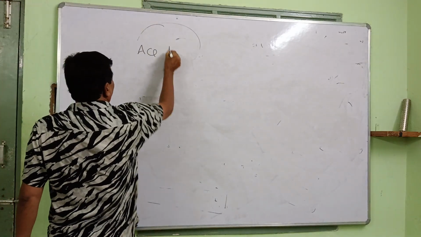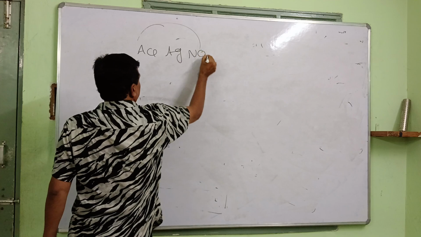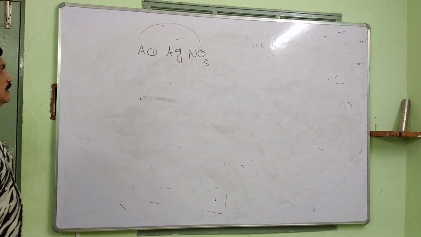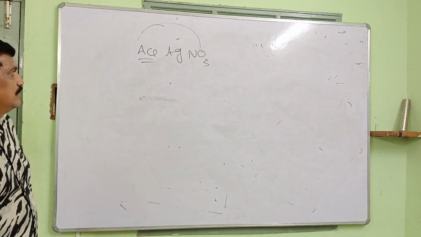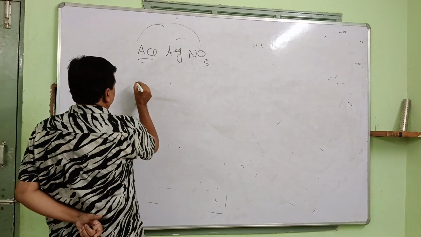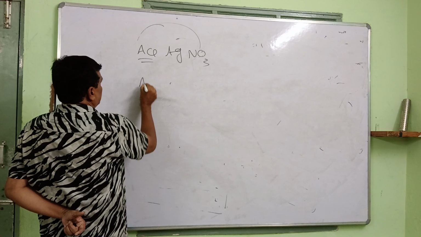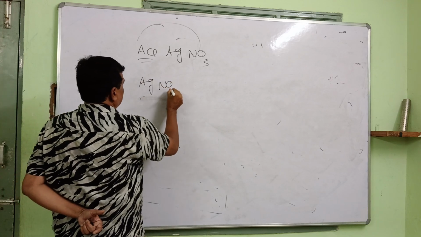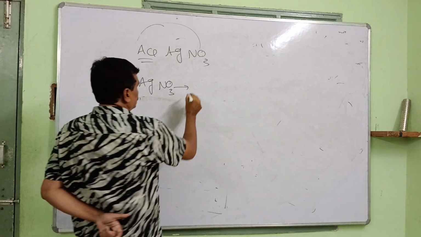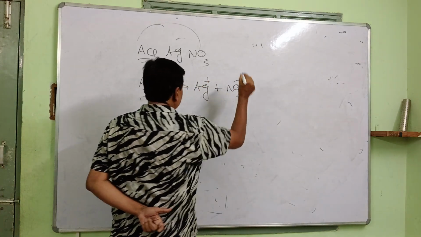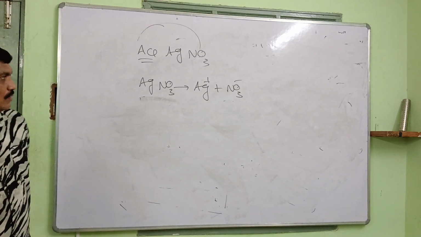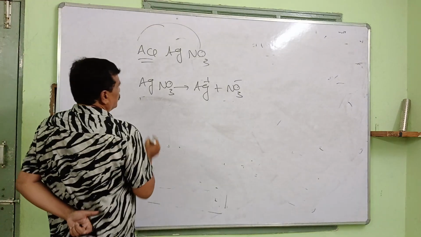What is the product obtained in aqueous AgNO3? Here it is aqueous, that is very, very important. Aqueous means AgNO3 gives rise to Ag+ and NO3-.